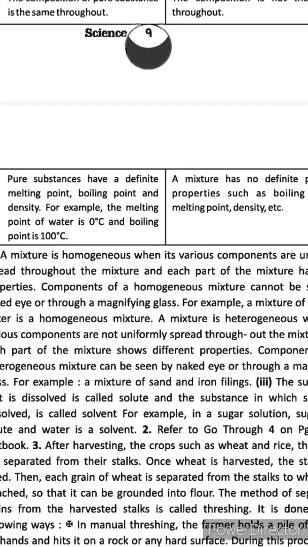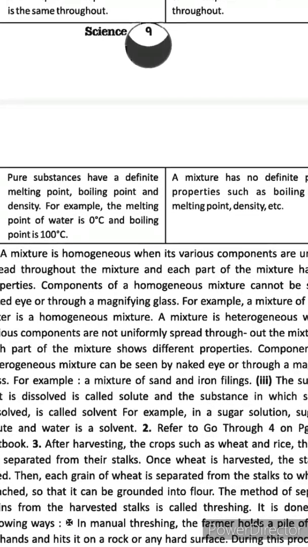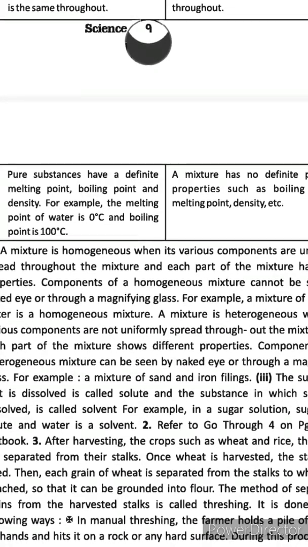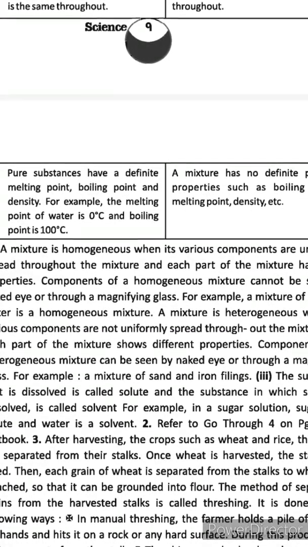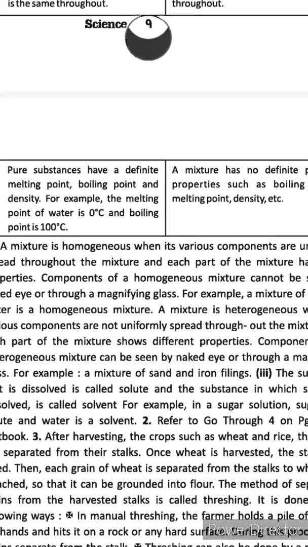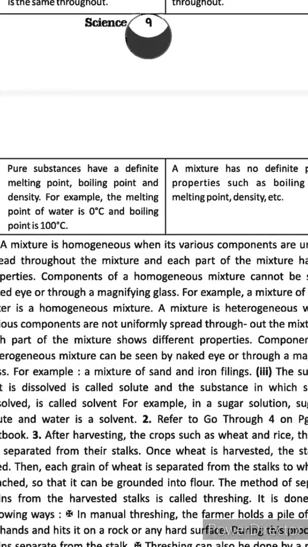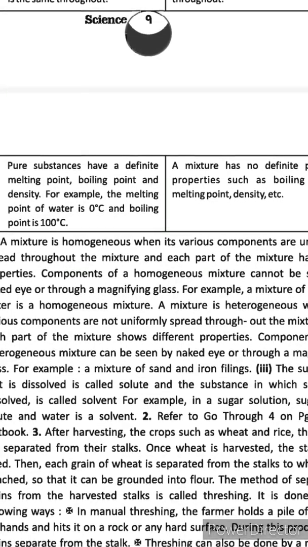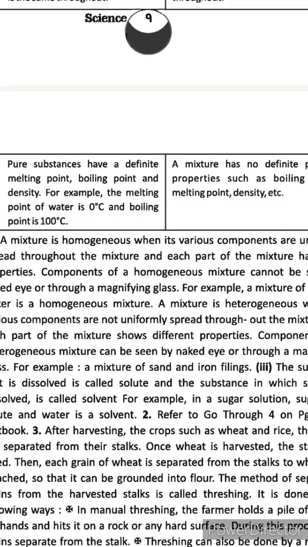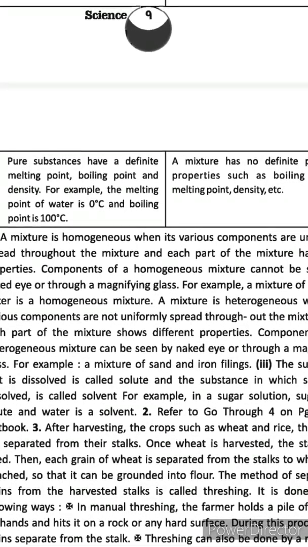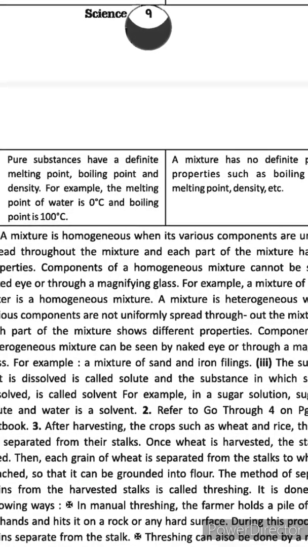In page number 52, it is clearly given: to separate chalk powder dissolved in water using filtration. What was the question? Explain the process of filtration with the help of a diagram. The diagram is also there, and these 6 points are there, and observation and conclusion, right? That's enough. Okay.